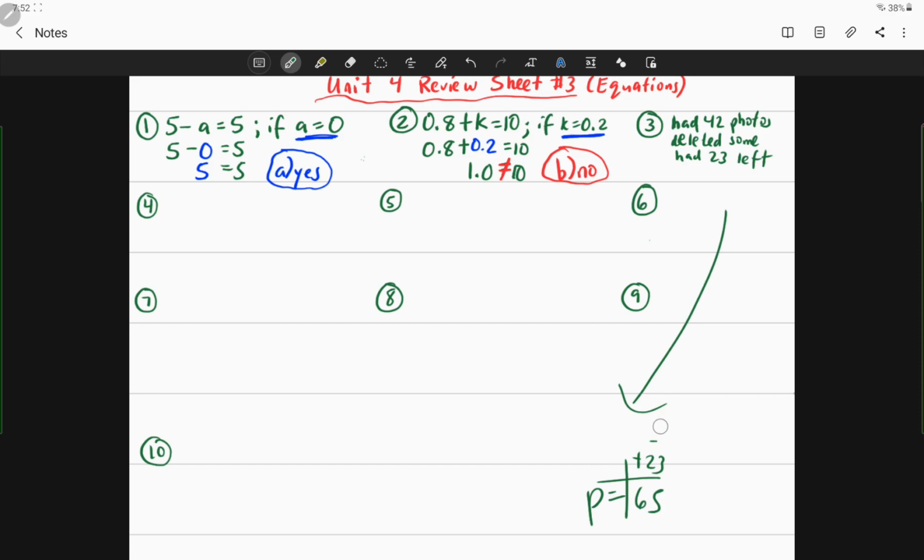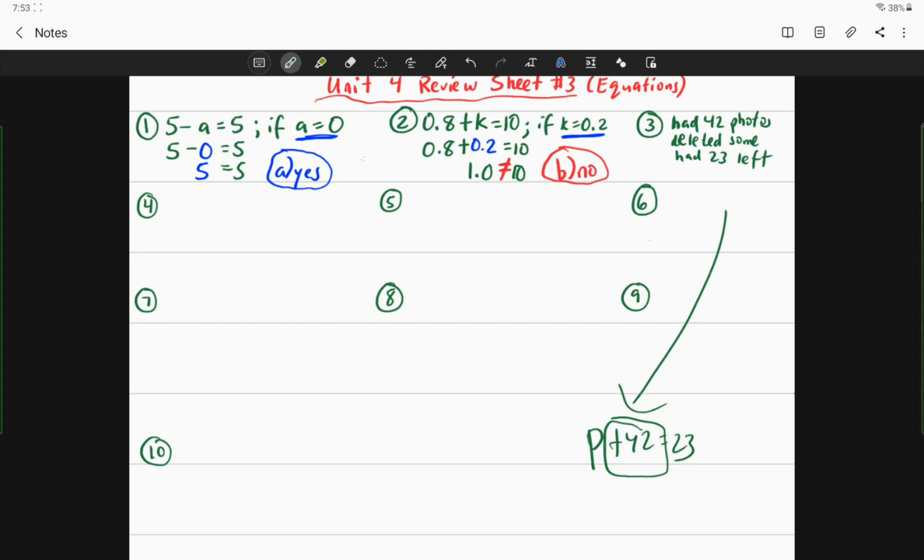Again, just going through our little process of elimination here. Let's try choice D. It says P plus 42 equals 23. Now we know this automatically can't be the answer because it says plus 42, and Sharon had 42 to begin with.